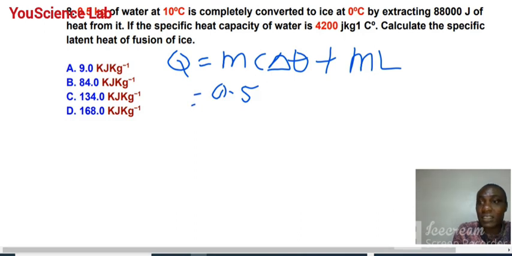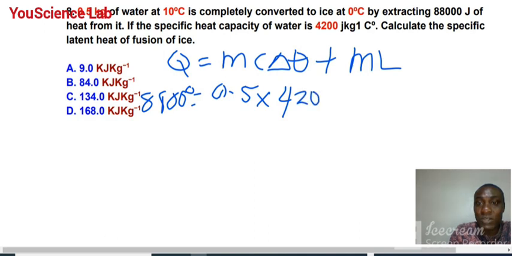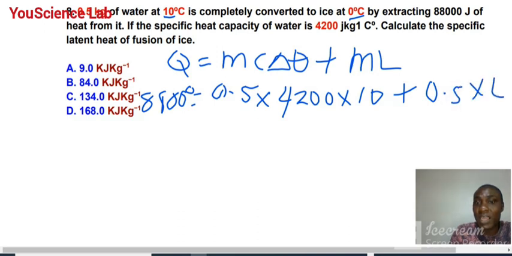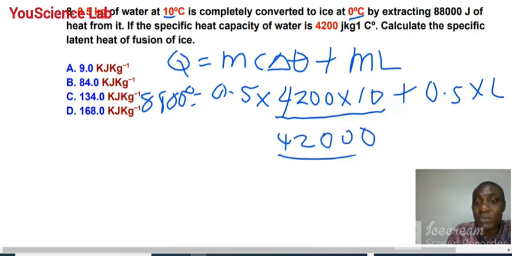Now first of all, let me add the heat: 88,000 is equal to 0.5 times the specific heat capacity of water, 4200, times the temperature change, 10 minus 0, that's 10, plus the mass 0.5 times L. Now this is how I'm going to multiply this. This times this is simply 42,000 times 0.5, which means I'm dividing by 2.